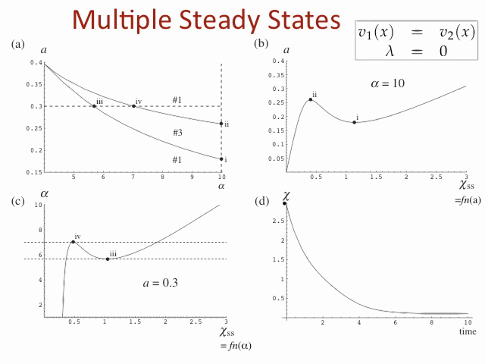These points are shown again in panel C. If I were to draw a horizontal line in between them and pick a value of alpha of say 6, you can see that I can have 3 steady state concentrations that correspond to that value of alpha.